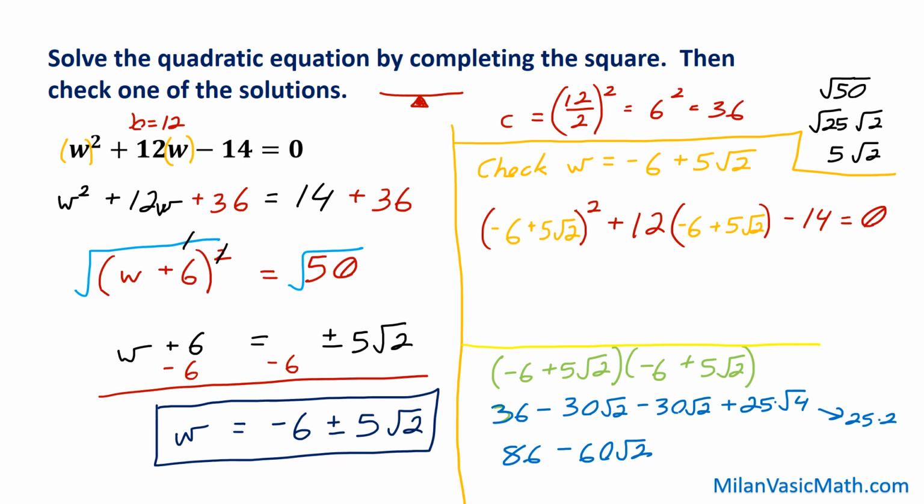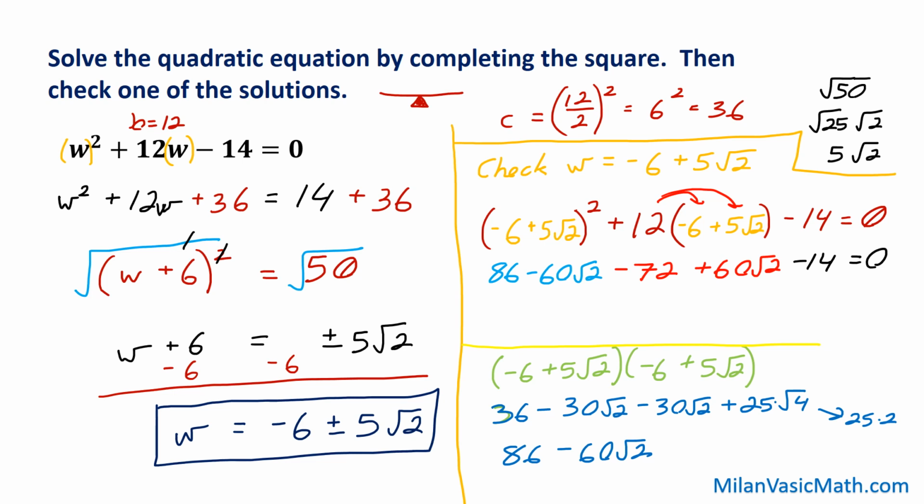All right, so I'm going to bring that back up. I have 86 minus 60 radical 2. Then distribute the 12 over here. Get negative 72 plus 60 radical 2. And bring down the 14 and 0. 14 equals 0.